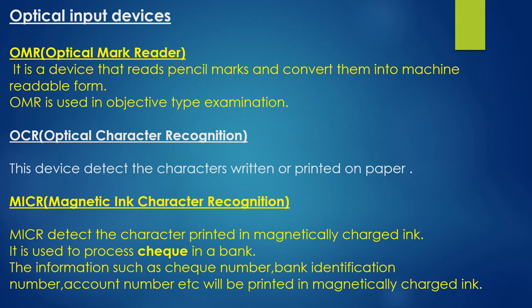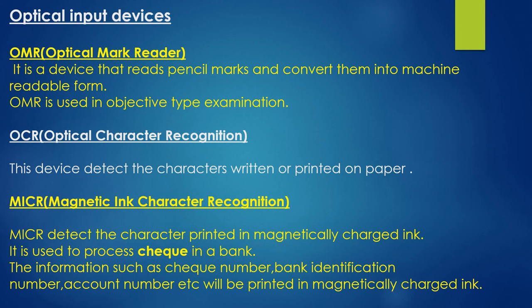In an objective type examination, you can see the OMR answer sheet. In that, how can we enter the answer? Using a pencil, we mark the circles. Then this OMR or optical mark reader reads those pencil marks and converts them into a machine readable form.